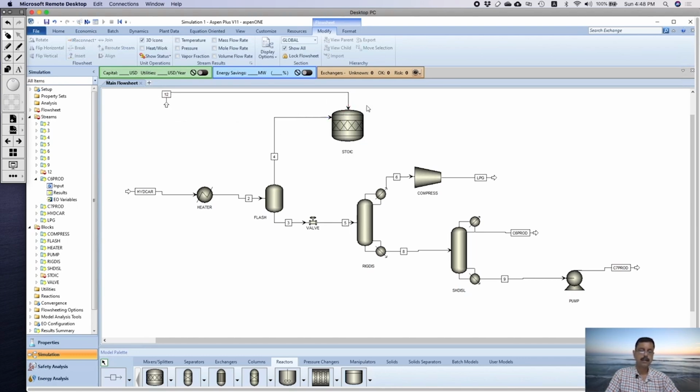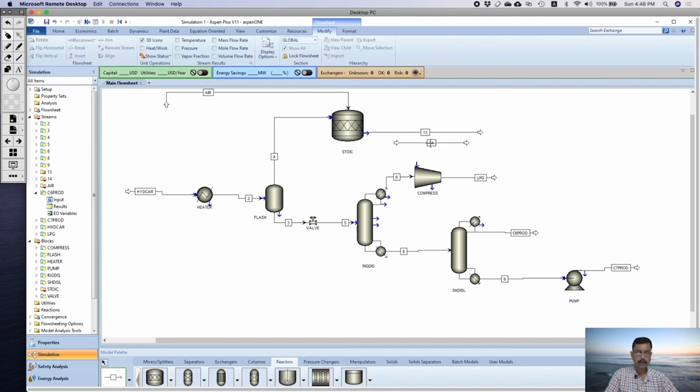Yeah, now this is okay. So this is basically air. This is air, and the outlet is this one. This is outlet which will go to, sorry, this is an extra one, we have to delete.